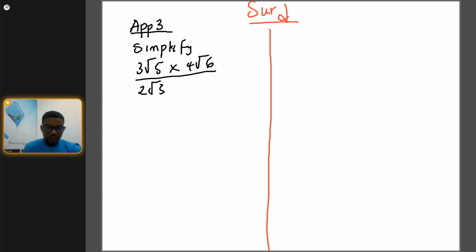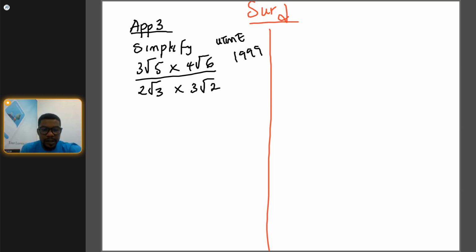Okay, not 2 root 5, but 2 root 3 multiplied by 3 root 2. This is a UTME question, 1999. Okay, we have to simplify this expression.